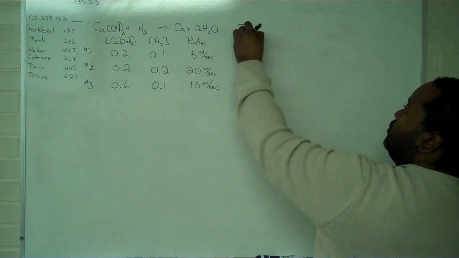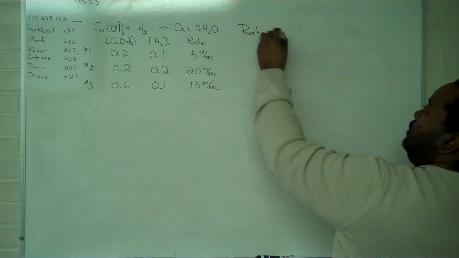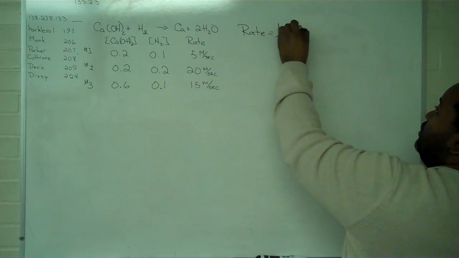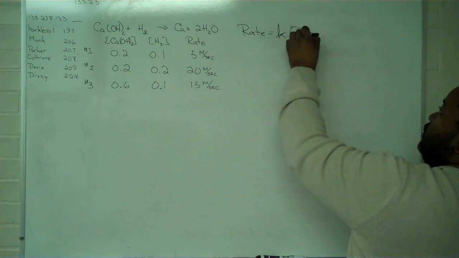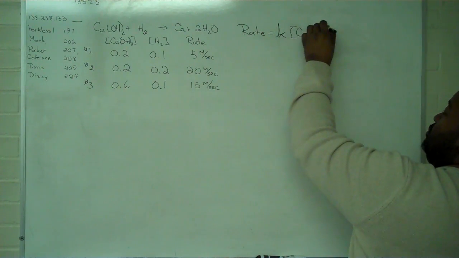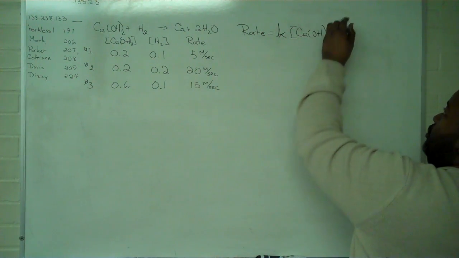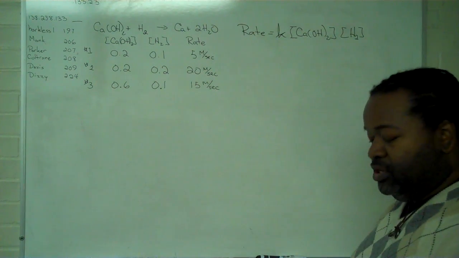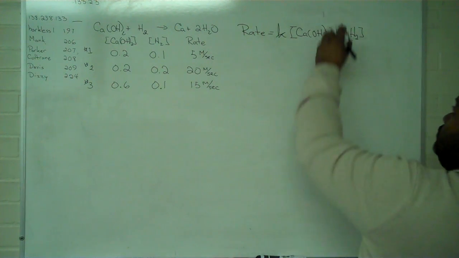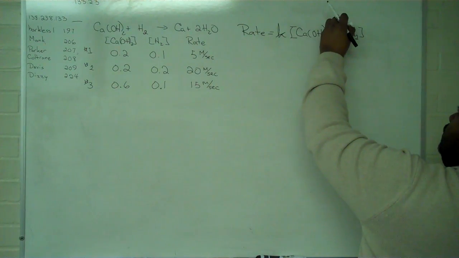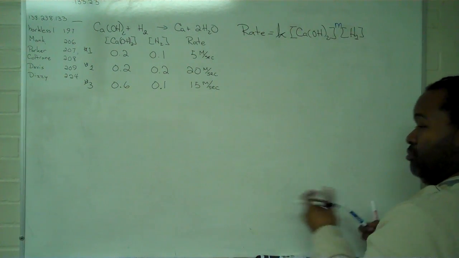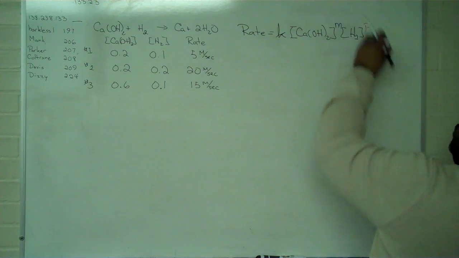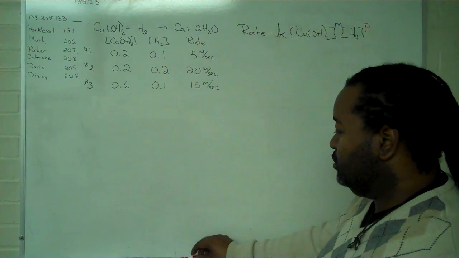So the generalized rate law says that the rate is equal to some rate constant multiplying factors representing your individual concentrations. The order of each component is its exponent, and we'll use a generic m because we don't know yet, and a generic p because we also don't know that one's order.